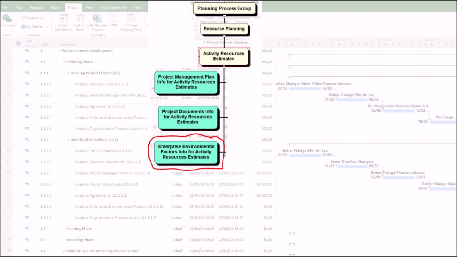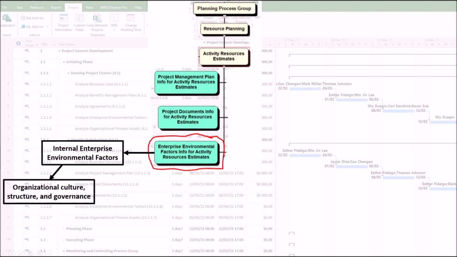We present now the common enterprise environmental factors and how they influence resource estimation. 1. Regarding internal enterprise environmental factors, first, organizational culture, structure, and governance. It influences staffing policies, approval hierarchies, and how teams are structured.